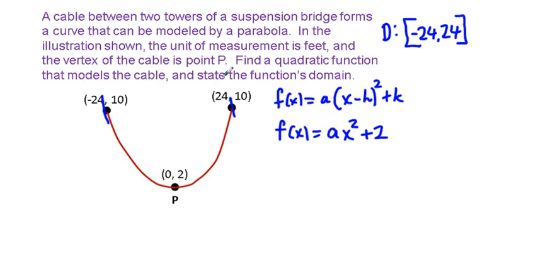Okay, now we're going to use this point here to find what a is, and that way we're going to get a quadratic function. Well, f of x equals, well, that's going to be our y value, so 10 is equal to a, because a is what we don't know, times x squared, well, x is 24, so we have a times 24 squared plus 2.